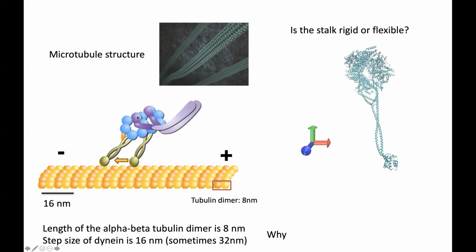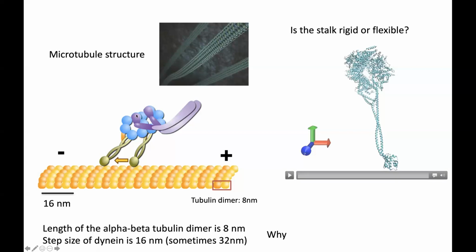If you do a literature search, you will see some researchers think the neck linker, which is here, controls the step size, which can move the dynein step by step accurately. Every time it's 16 nanometers. But actually it's not very convincing, because if you look at the structure of dynein, the stalk or the leg is very long.